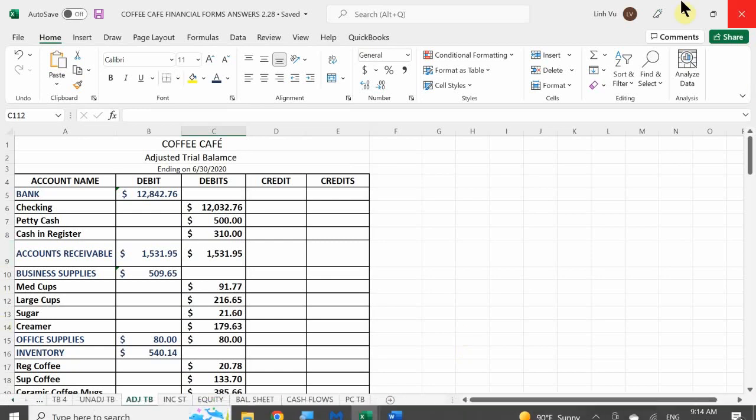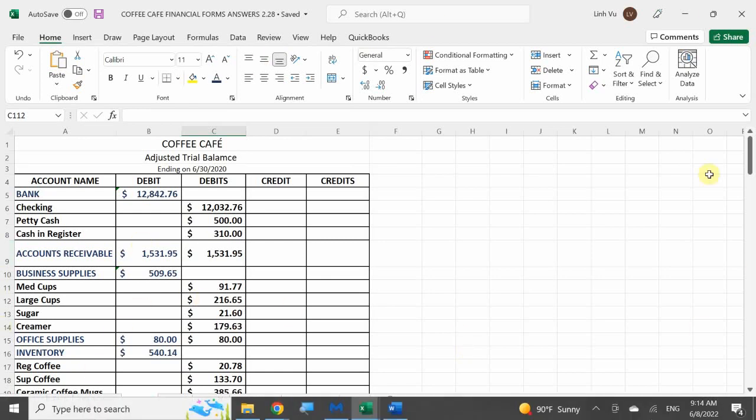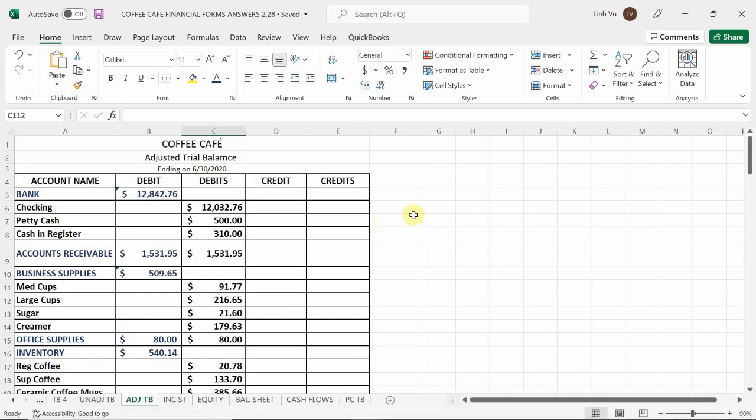Because this is going to give you a lot of the information that you need to put into your financial statements. Other things that you will also be needing is your unadjusted trial balance for some certain areas of the financial worksheets, okay?